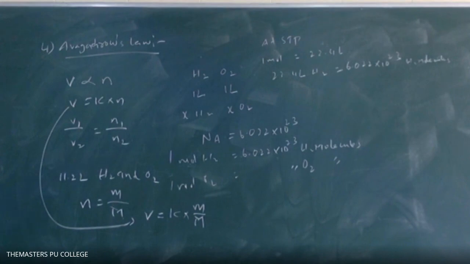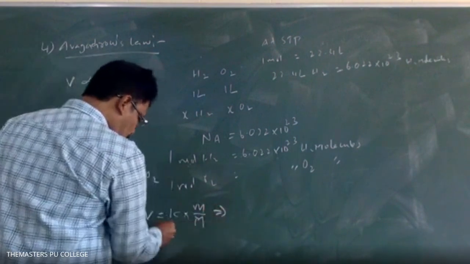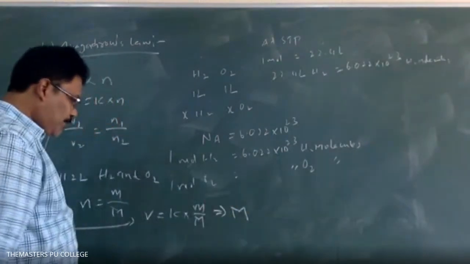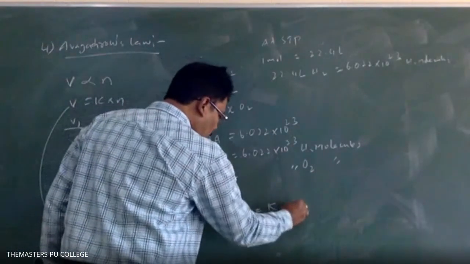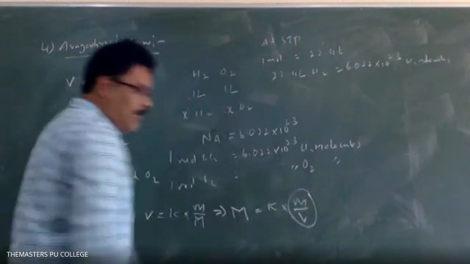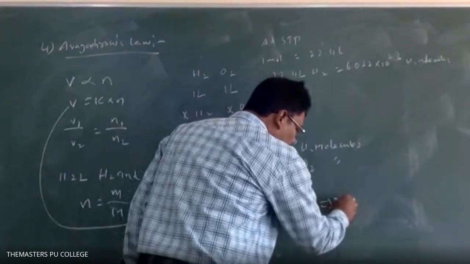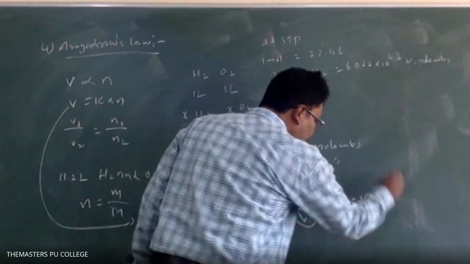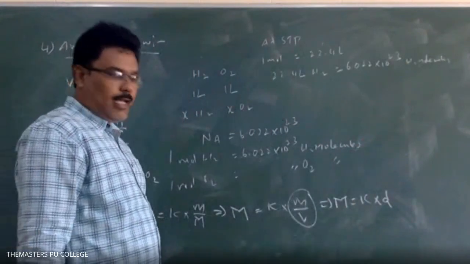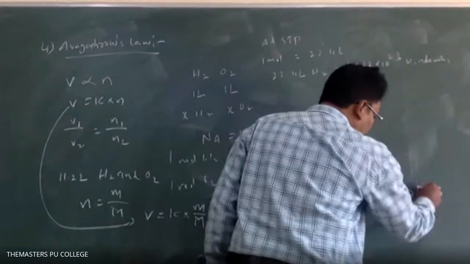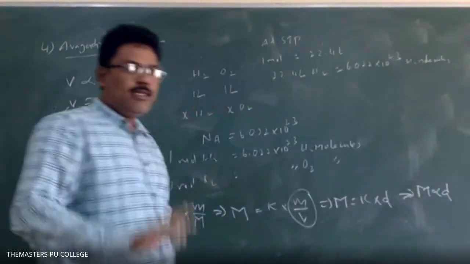So V is equal to K into m by M. From this, molar mass M is equal to K into m by V. What is m by V? Mass by volume is density. So molar mass is equal to K into D, nothing but M is proportional to D. That means D is proportional to M.